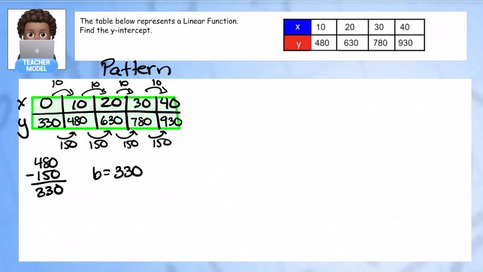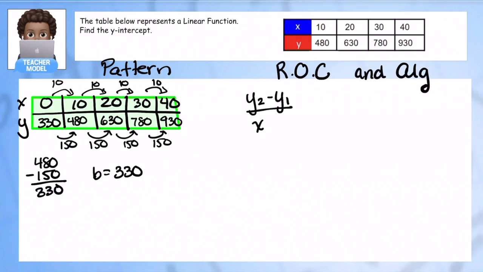Instead, we're going to use our rate of change formula, and we're going to use algebra. So I'm going to put ROC for rate of change, and then we're going to use algebra to solve for y. Watch what I'm going to do. My rate of change formula, I'm going to use y2 minus y1 over x2 minus x1.